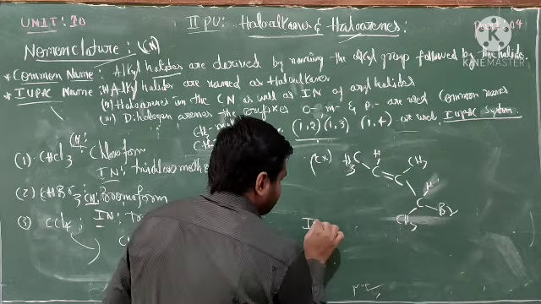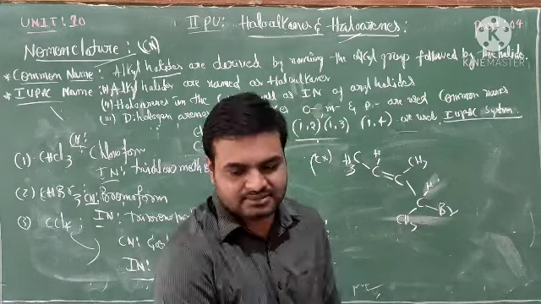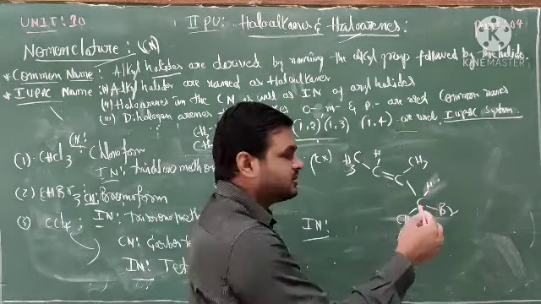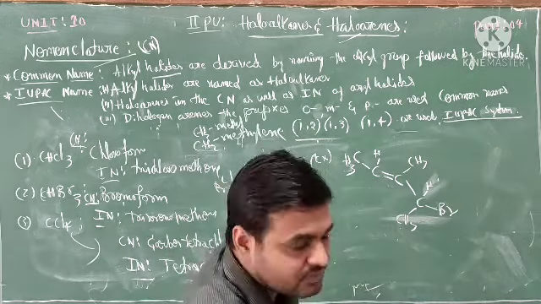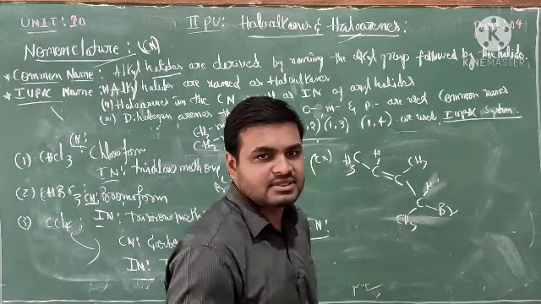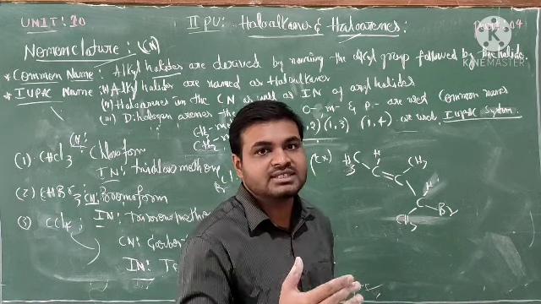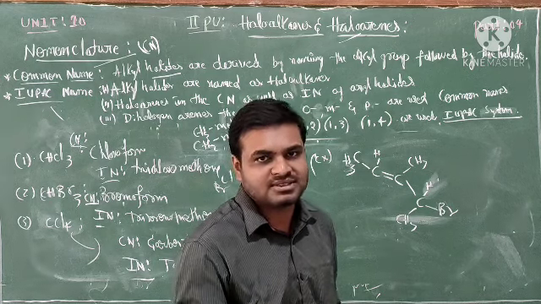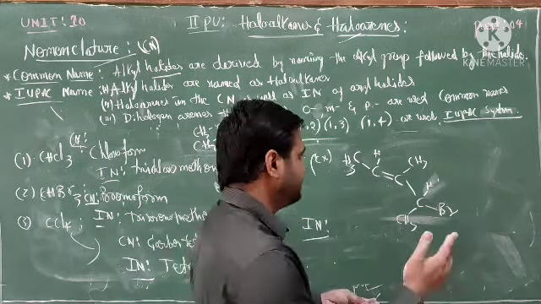So, the IUPAC name of this one: first you take the longest chain, and also the presence of the double bond. You should think the lowest numbering is given to the double bond carbon atoms.